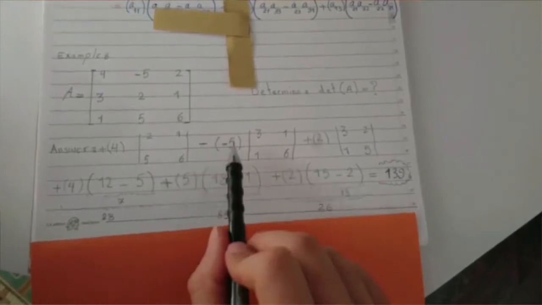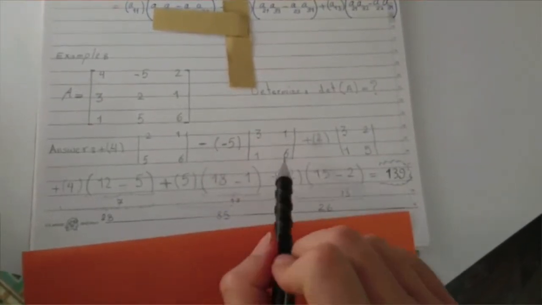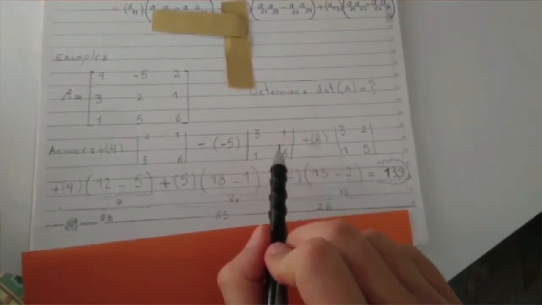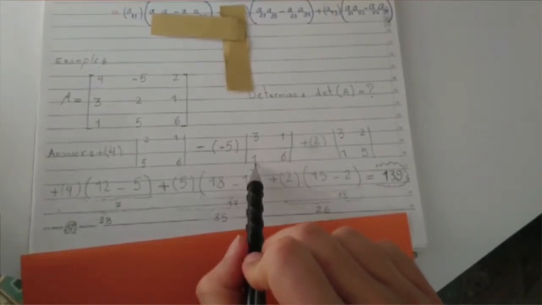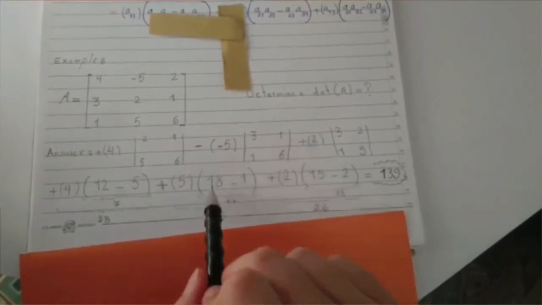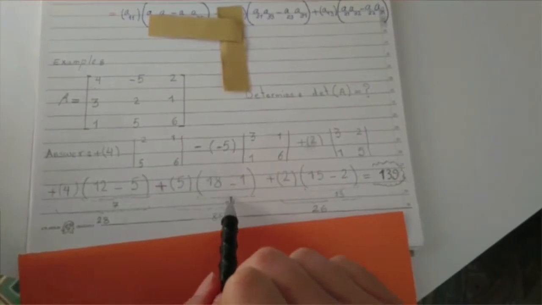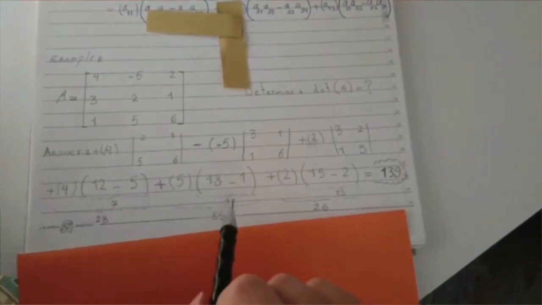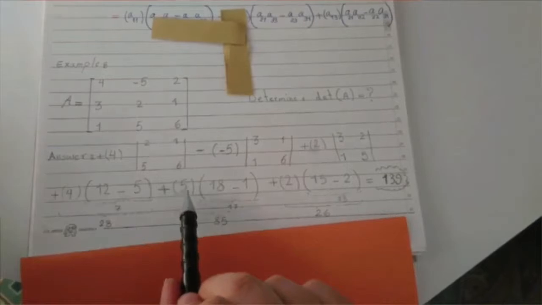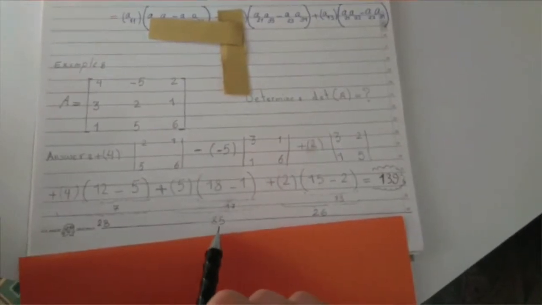Okay? 5 multiplied by 3 multiplied by 6 minus 1 multiplied by 1, which is 18 minus 1, which is 17. And 17 multiplied by 5 is equal to 85.